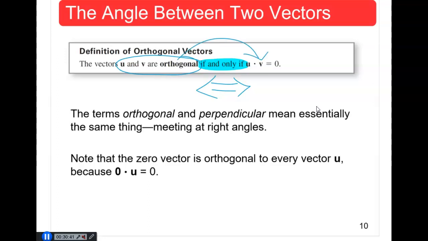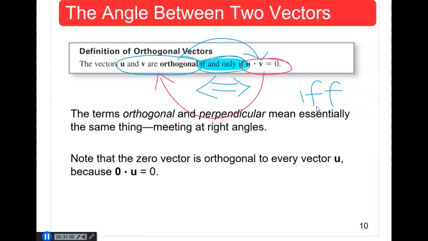But also, if we read it in reverse, if u dotted with v is equal to 0, then the vectors are orthogonal. So it's a double-sided if statement. Sometimes you might see in some books the abbreviation iff, and that's what it means: if and only if. So it's a double condition as well.